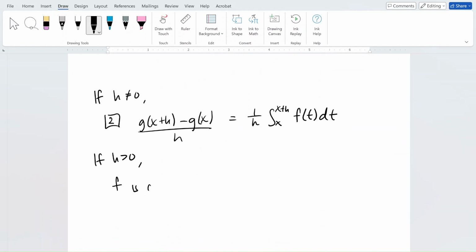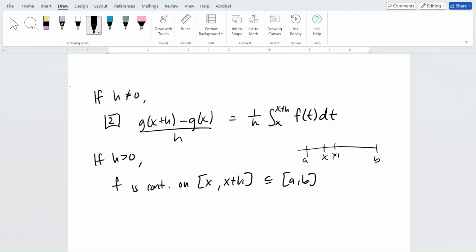So f is continuous not only from a to b, but from x to x plus h on this closed interval, because of the fact that this is within a to b, right? You can think about that diagram that I did earlier. Here's a, here's b, here's x plus h. The interval here is in between here. Okay, so f is continuous.